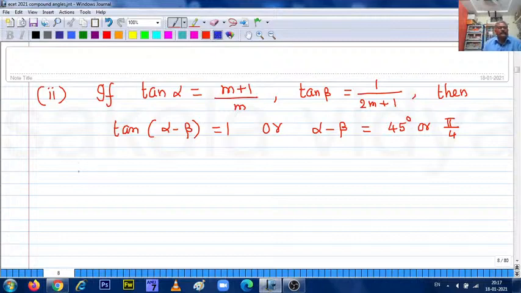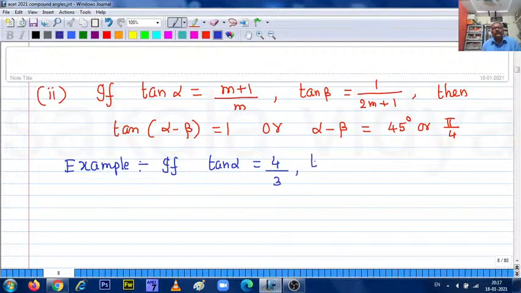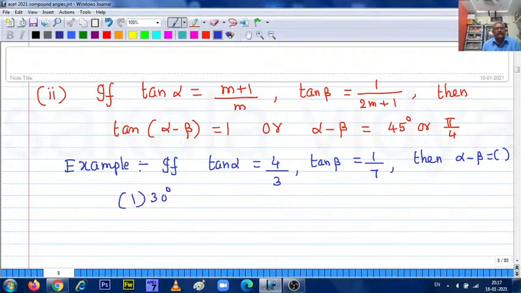So one example, let me discuss one example. If tan alpha is equal to 4 by 3, tan beta equals to 1 upon 7, then alpha minus beta equals to, first option 30 degrees, second option 60 degrees, third option 45 degrees, fourth option 0 degrees.